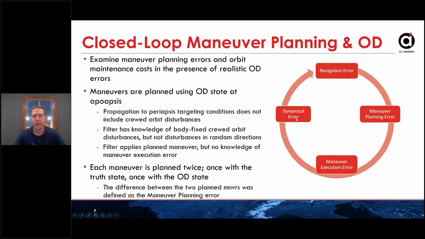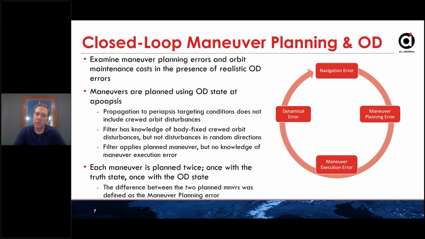You've got some sort of dynamical error because no one's modeling all the forces exactly perfectly. That dynamical error paired with measurement error leads to navigation error. Then you have to use a navigation state to plan your maneuvers, so there's some amount of maneuver planning error based on your navigation error. Separate from your planning error, you actually have maneuver execution error, which then feeds into additional dynamical error and navigation error, and around you go.